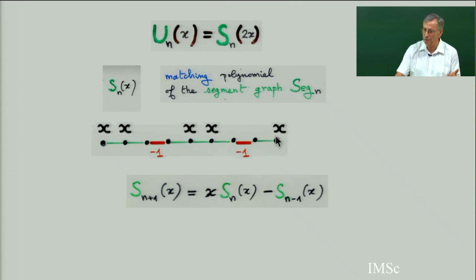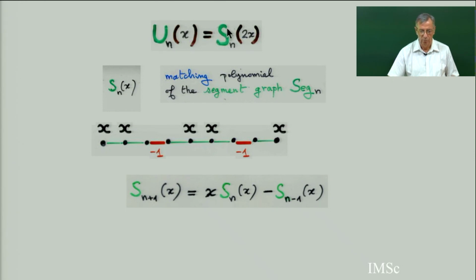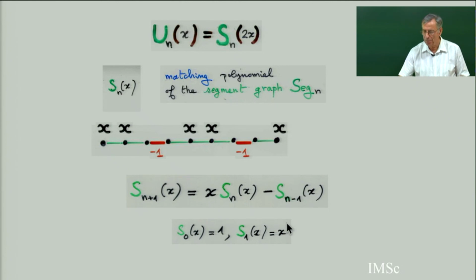If the point is isolated, then you get this term. If the point is not isolated, meaning there is a diamond on it, weighted -1, this gives you this term. So this is a proof of the relationship between Chebyshev Un and matching of the segment. Of course, they have the same initial condition.